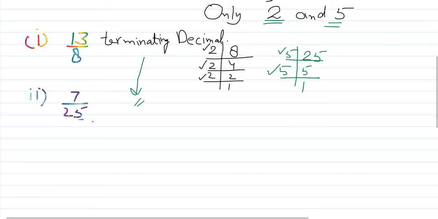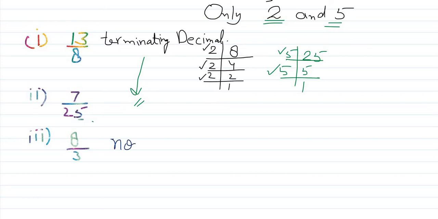Now I am solving part number 3, which is 8/3. In the denominator there is not 2 or 5, that's why it is non-terminating.